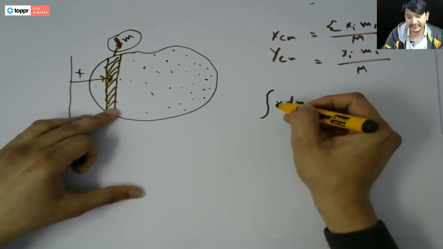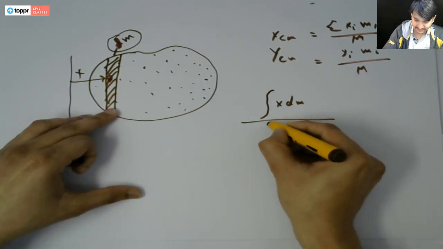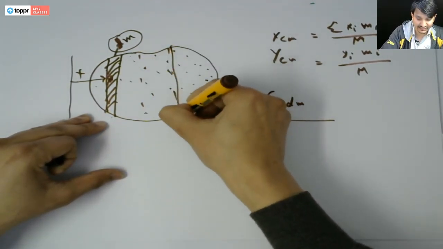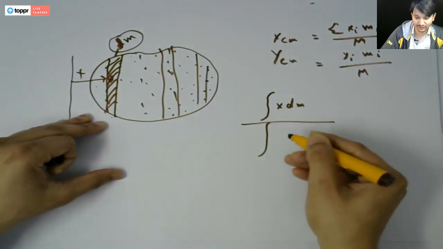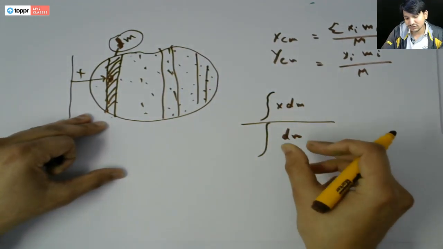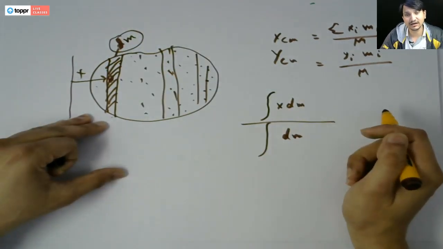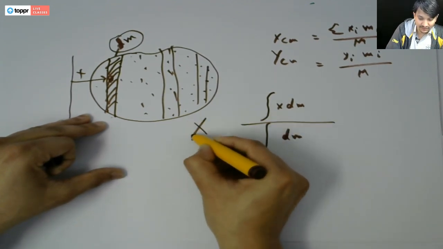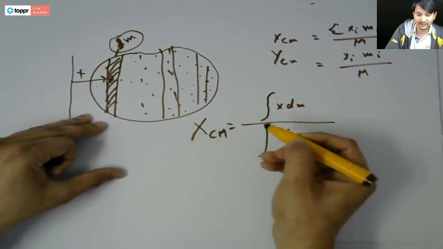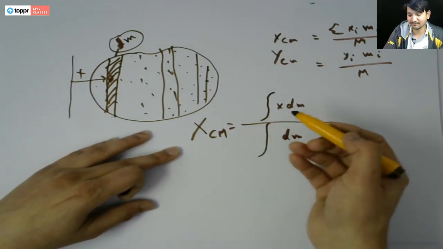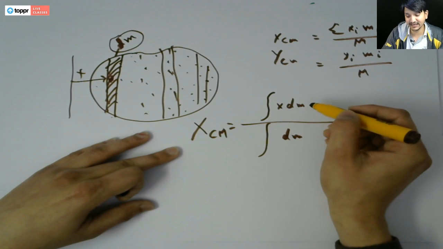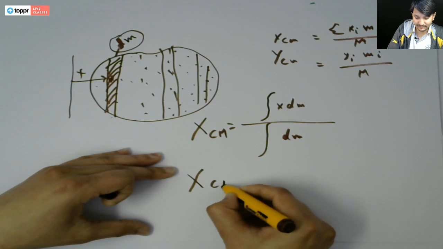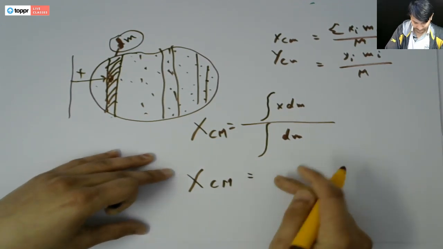What are we doing? We are integrating this whole thing, divided by dm. When we have all other sets, suppose another dm, so the sum of all such small parts, we are integrating that. So our x of cm, means x coordinate of the center of mass, is integral of x dm divided by the integral of dm.